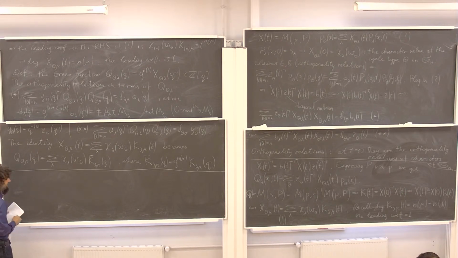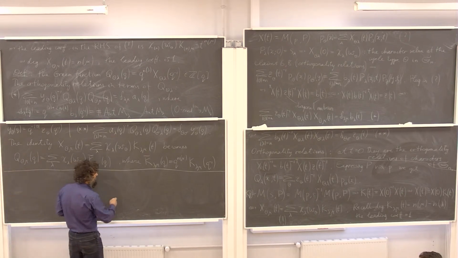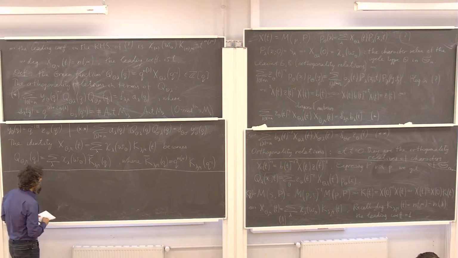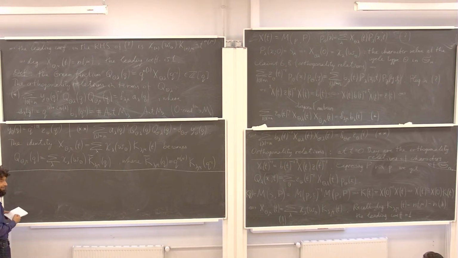Well, that's it. But still, I want to say how these Green functions appear in nature. For example, for the characters of GLN of Q, or else in geometry.